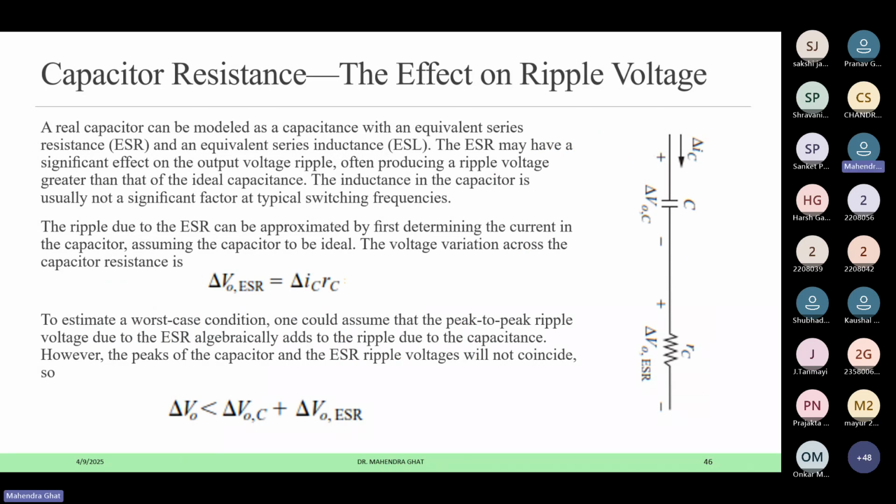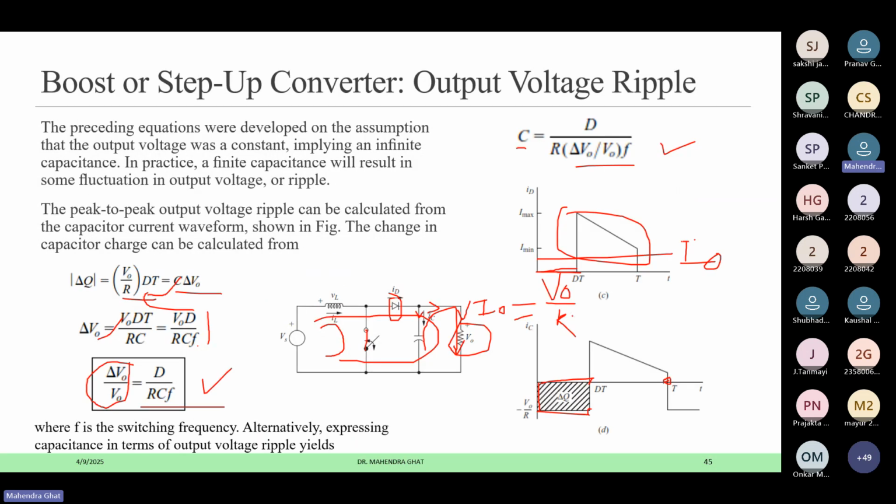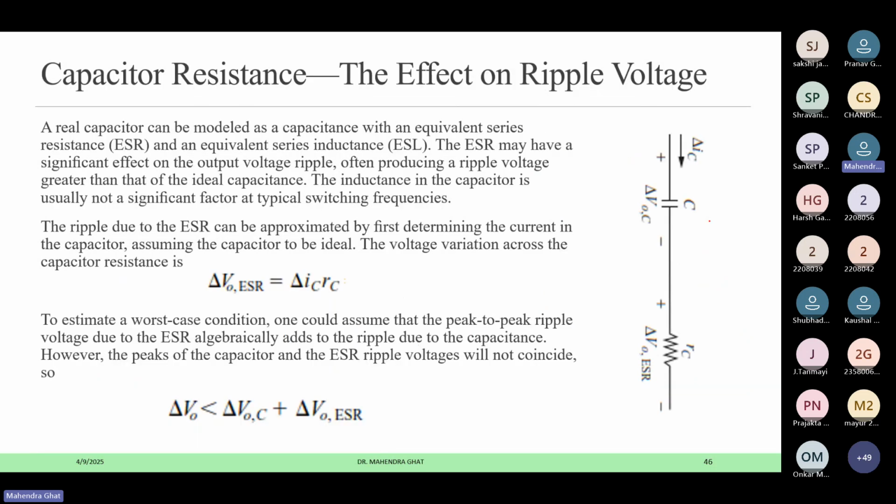Okay, so this is one part. I will just explain what this is. Till now, whatever capacitor we have considered, we are considering it as an ideal capacitor. But in practice, this ideal capacitor will not come as only a capacitor. It will have some series resistance in the capacitor. Every capacitor will have one series resistance.